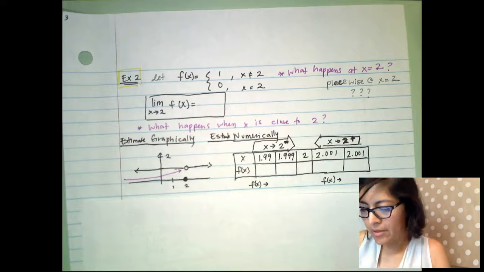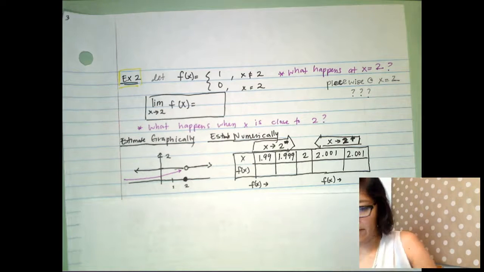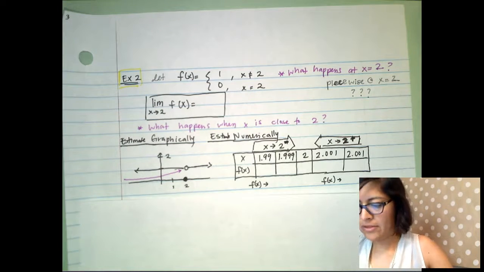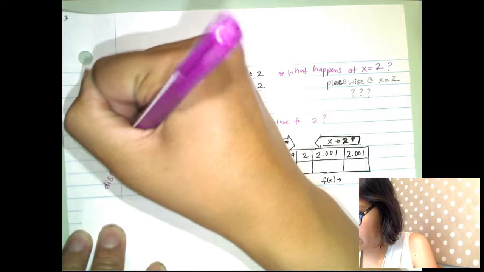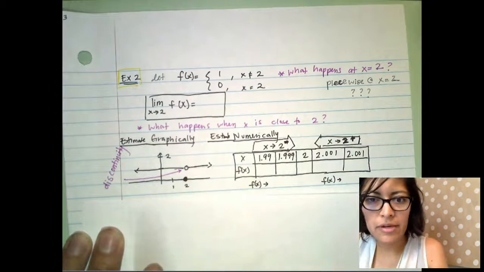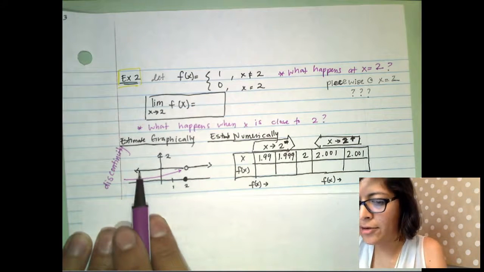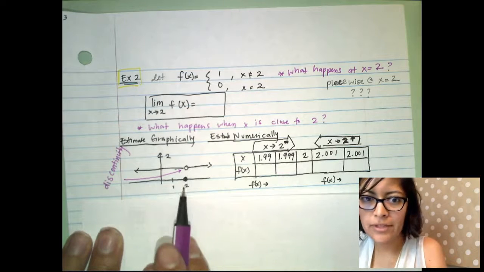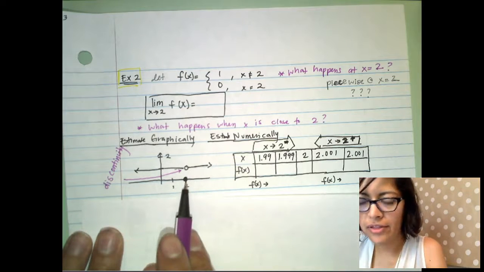So this is piecewise. I didn't say earlier in the other one, but this is what we call discontinuous. There's discontinuity here. Remember, that's when you have to lift up your pencil or pen to draw the other point.